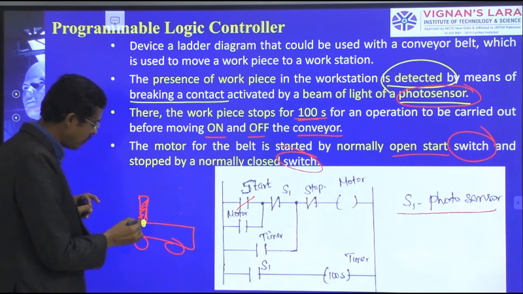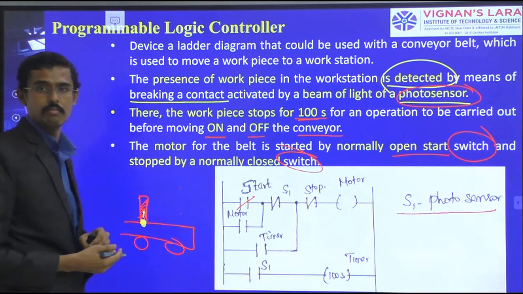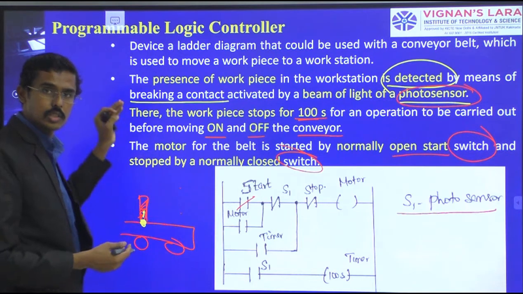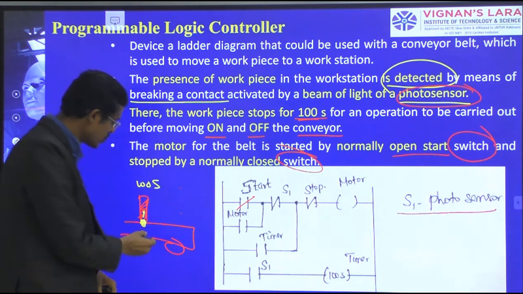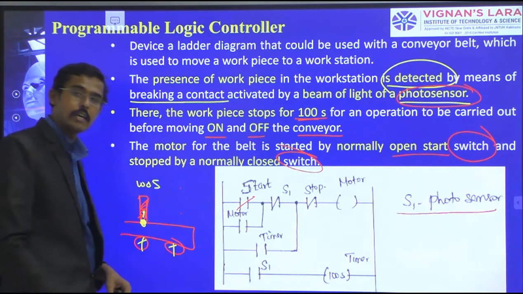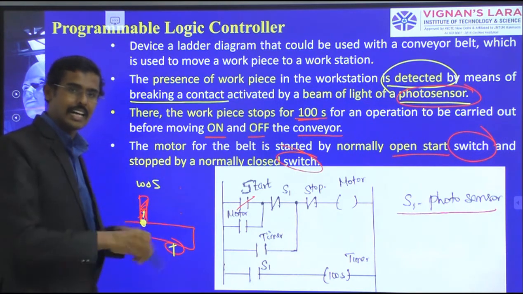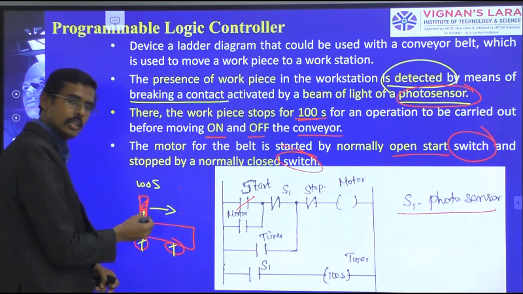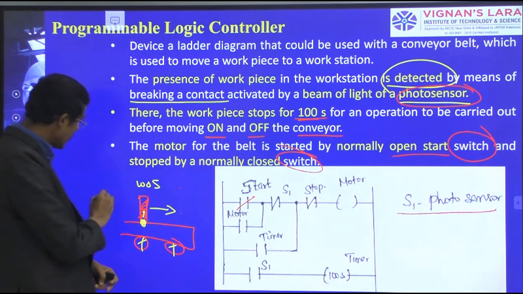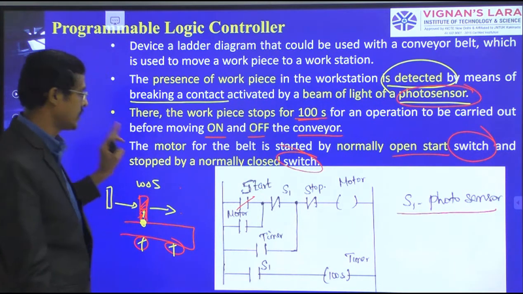The sensor is available here, and on that side the passage of current is detected. If the object is detected, it should stop for 100 seconds. It means we should stop the conveyor belt, the motor of the belt. Then after 100 seconds, it should keep on moving. If it keeps on moving, the second object which is available at this point will come to this location, and here the 100 second operation will be done.